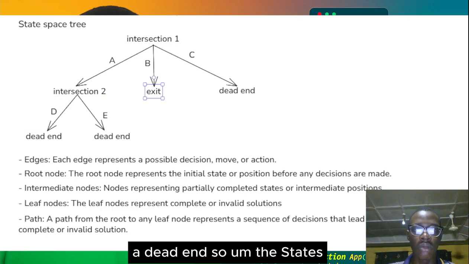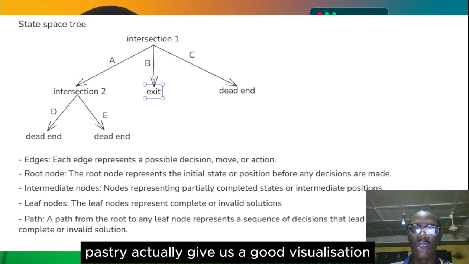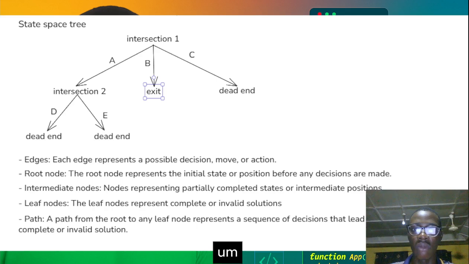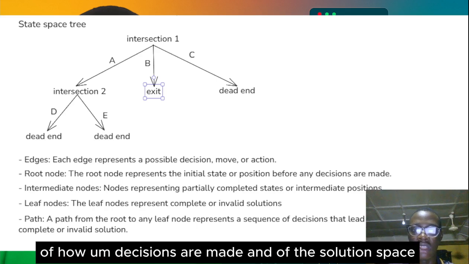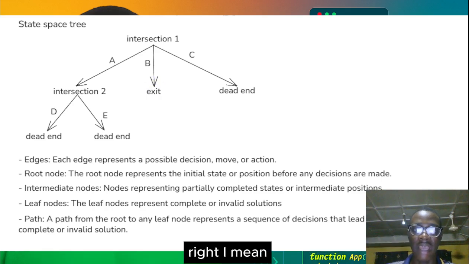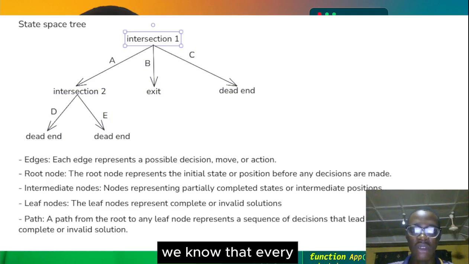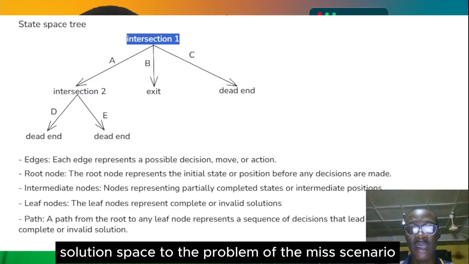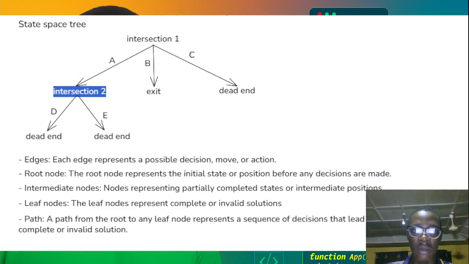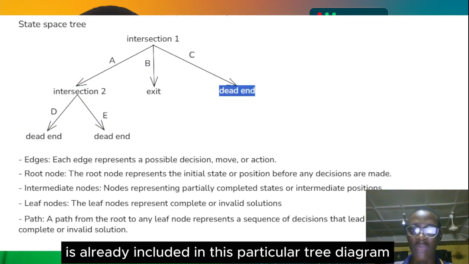So the state space tree gives us a good visualization of how decisions are made and of the solution space, right? Having this diagram and visualization, we know that every solution to the maze scenario is already included in this tree diagram.